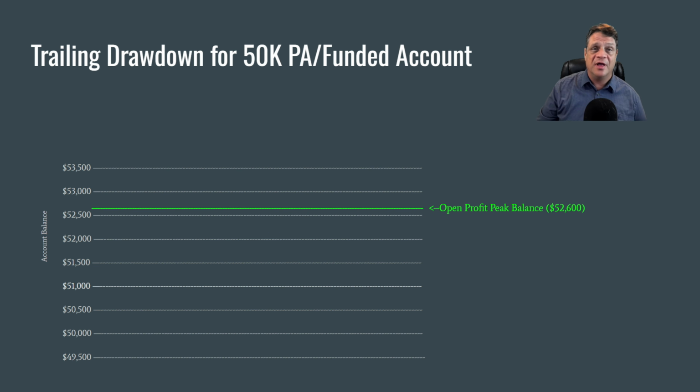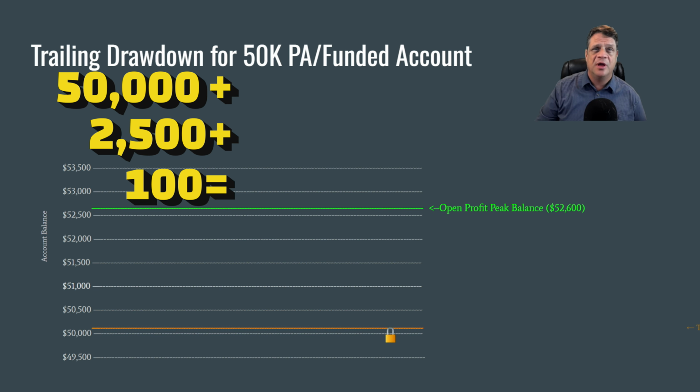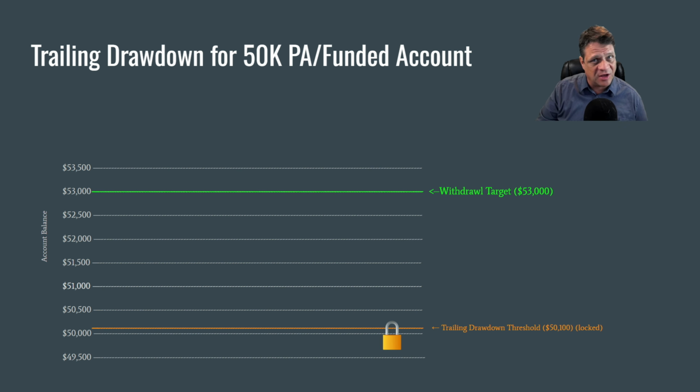And remember, that 52,600 is your initial balance of $50,000 plus $2,500 for your trailing drawdown threshold plus $100. And your trailing threshold drawdown will become locked at $50,100.